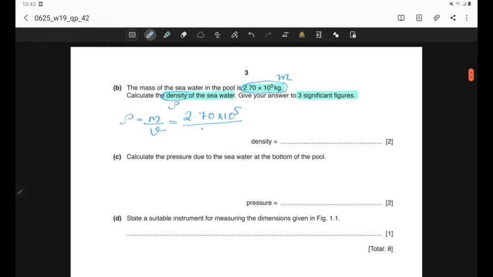So we can substitute 264 and the answer is, in SF, 1020. As there is no decimal point, the last 0 will not count. So there are only 3 significant figures, 1, 2, 3. So the answer is in 3 significant figures, 1020. And the unit of density is kilogram per meter cube.